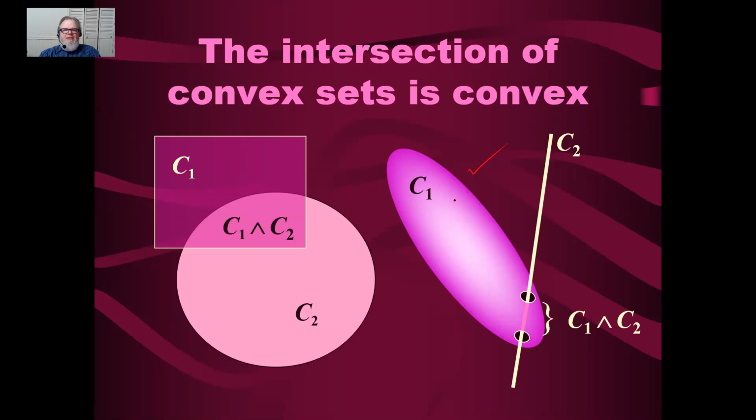But we have two convex sets here: the spheroid and this line segment. And the line segment intersects the spheroid. And so the convex set is this little line segment, which we have here, correct? And we see that that is indeed a convex set. So there's another example of the intersection of convex sets.